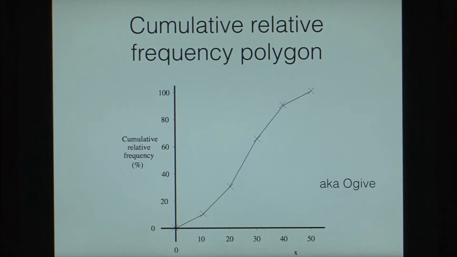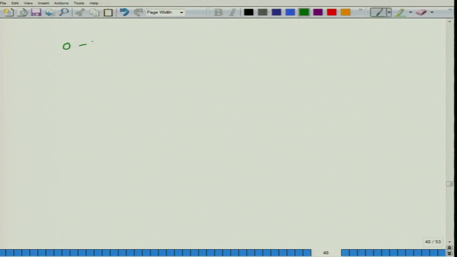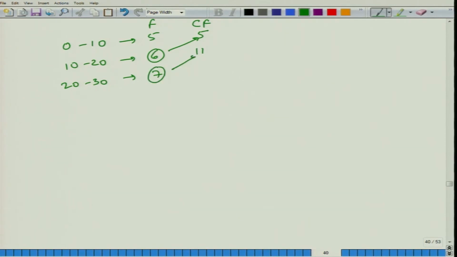So, this represents a cumulative distribution. Essentially if we had a distribution of say 0 to 10, 10 to 20, 20 to 30, and suppose these had the frequencies of say 5, 6 and 7, to plot an ogive you will make a cumulative frequency. This becomes 5, the next value becomes 6 plus 5, that is 11, the next value becomes 7 plus 11, that is 18.